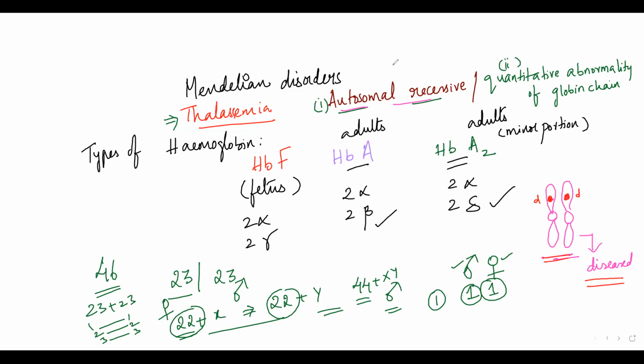So for instance, if a person with autosomal chromosomes like this carries one diseased gene and one healthy gene, this is a healthy gene, this is a diseased gene, then this person does not show any symptoms. He will be asymptomatic, and this person will be acting as a carrier.